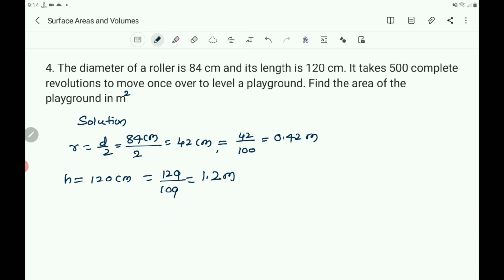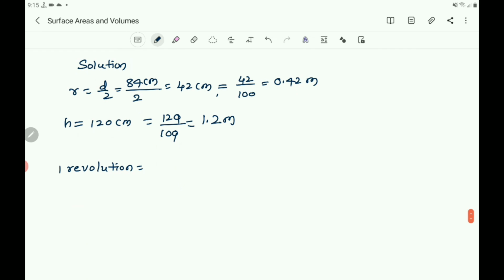Then you take one revolution, that is CSA of roller. What is the formula to find the CSA of the cylindrical roller?